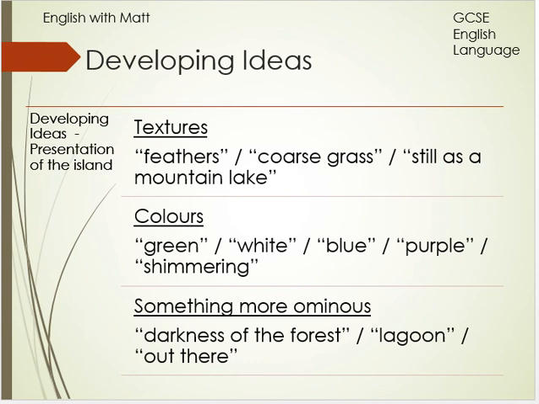So what I've done here is I have split those quotes into 3 categories really. We've got textures, colours, and something that creates a more ominous or threatening atmosphere. One of those questions was about, is the island just idyllic, or is it something else?